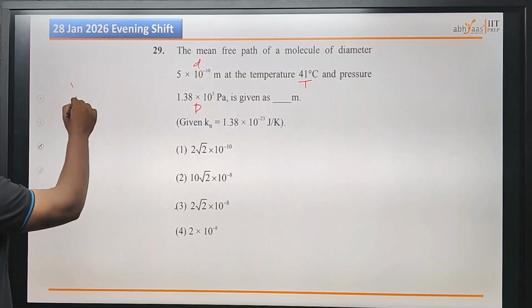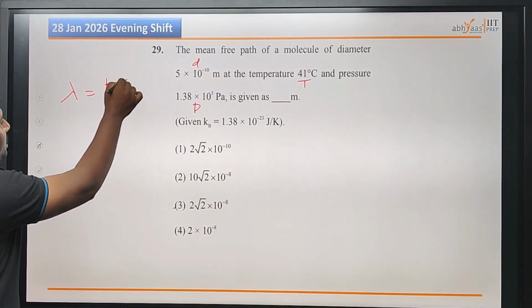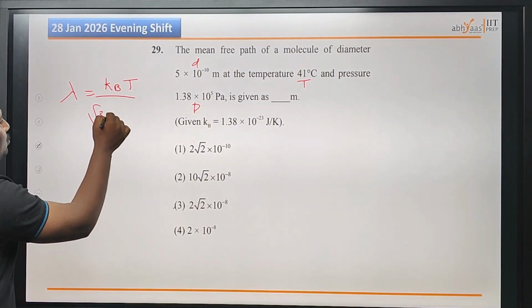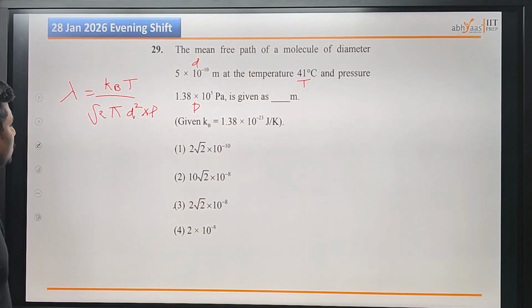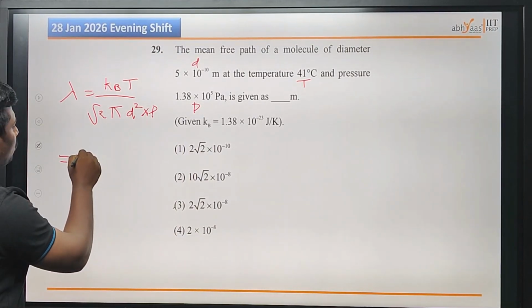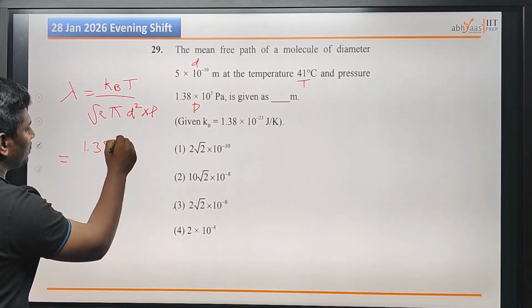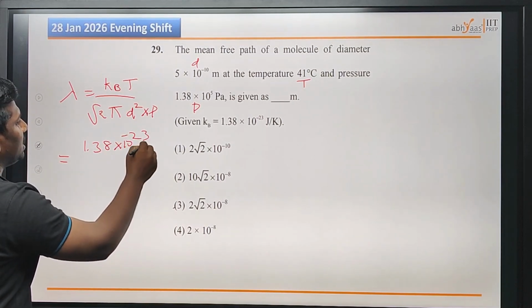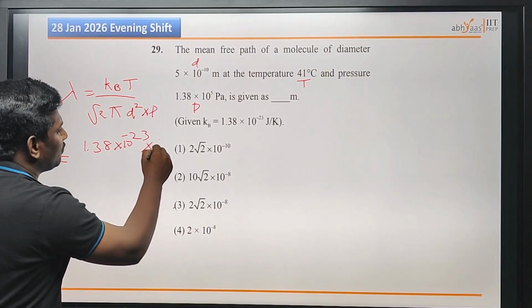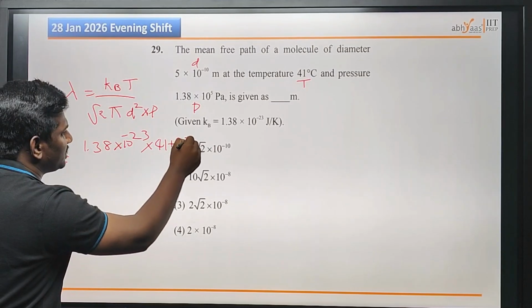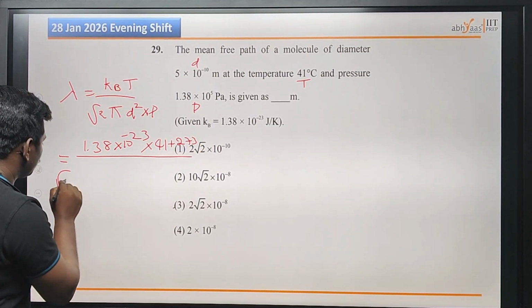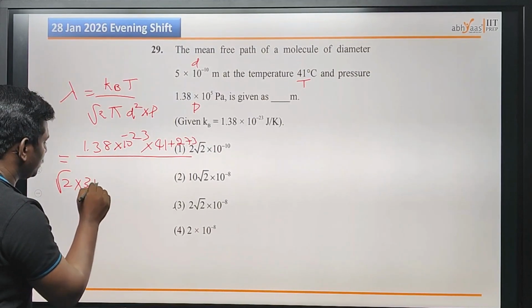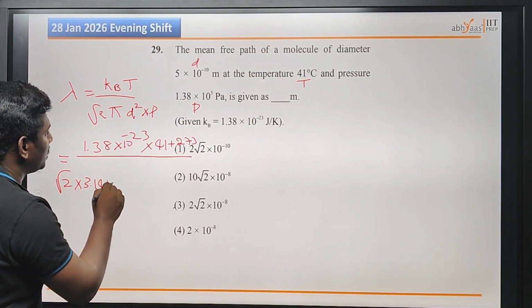You have to find the mean free path, which can be written as kBT by root 2 pi d square into pressure. So k is already given: 1.38 into 10 to the power minus 23, into temperature, which is 41 plus 273, you have to convert that into Kelvin, by root 2 into pi, 3.14, into d square.